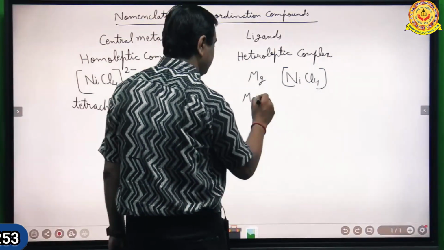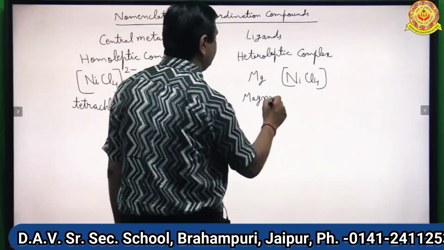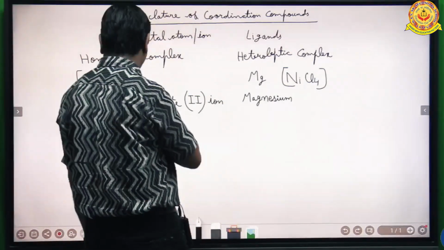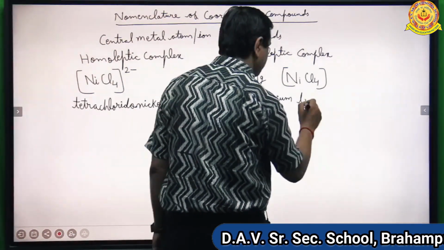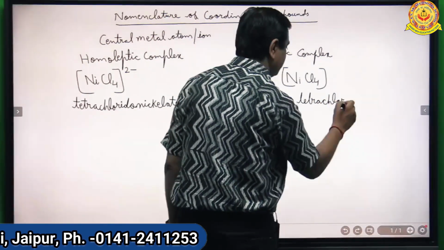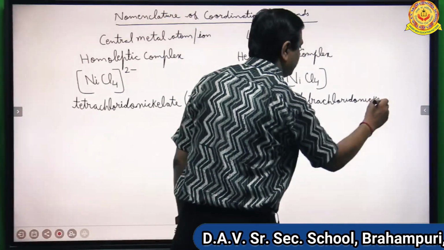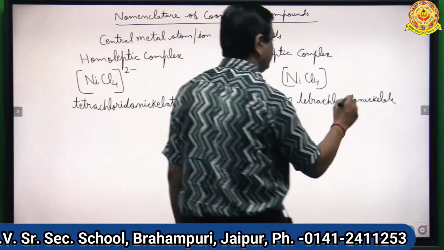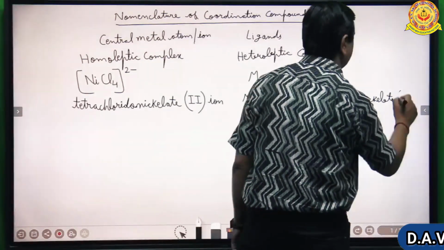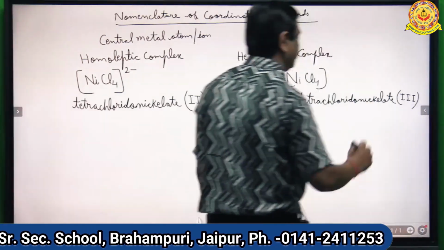And the name of this complex will be, first, the name of the counter ion, as the counter ion is the cation here, magnesium, and then the name of the complex, tetrachloridonickelate(II).